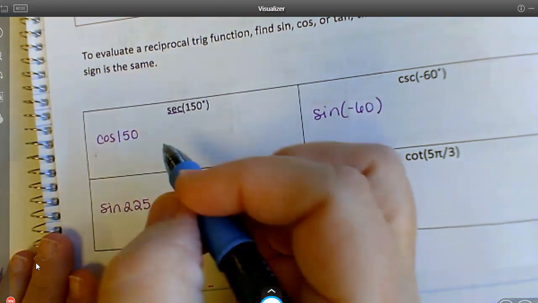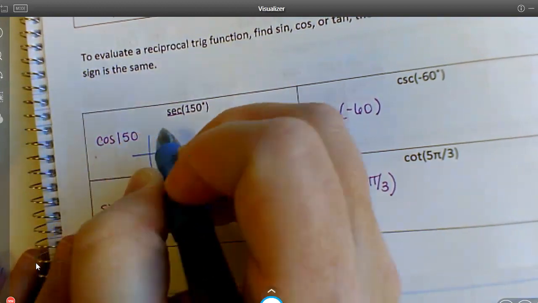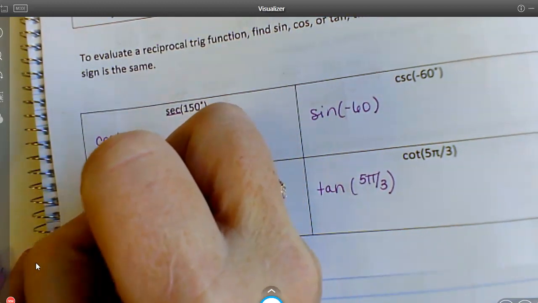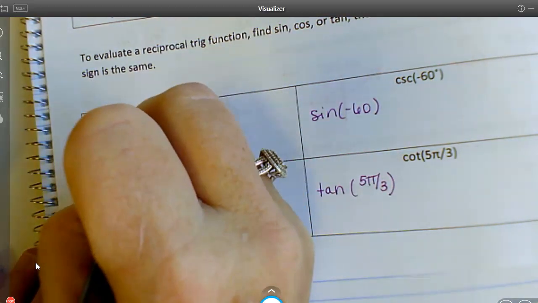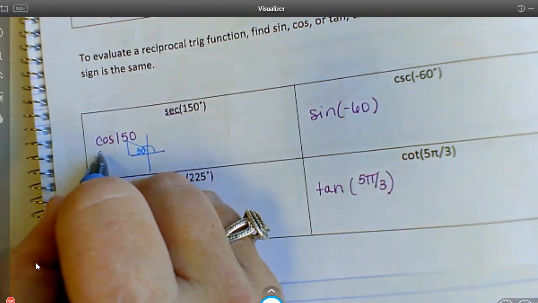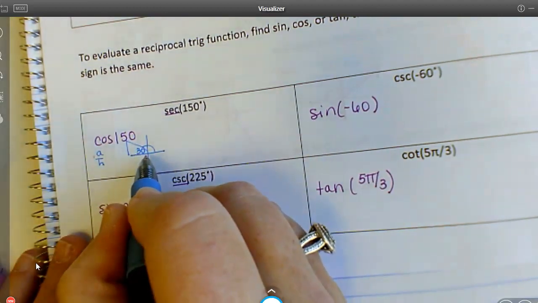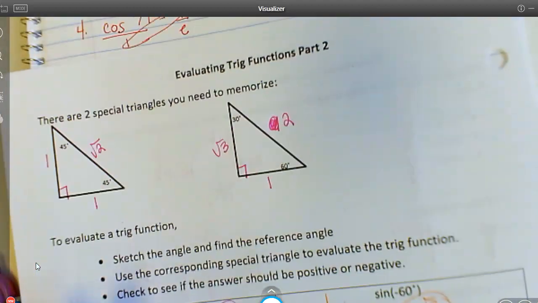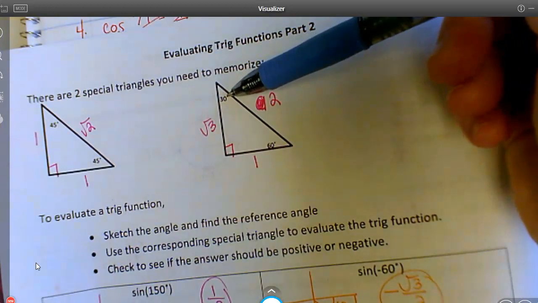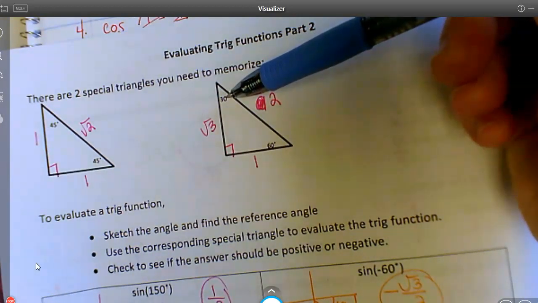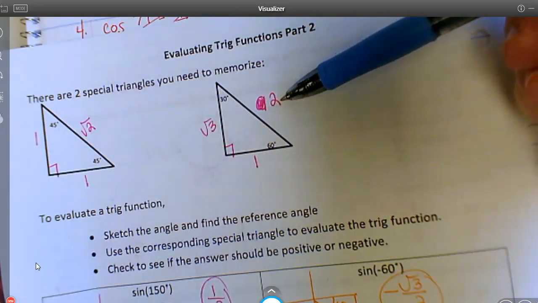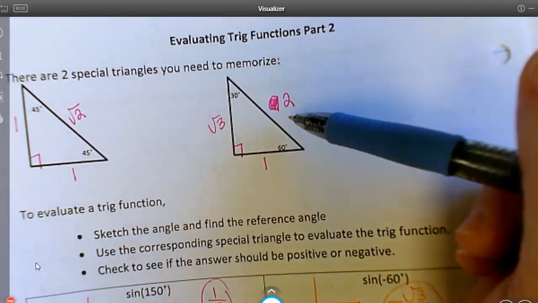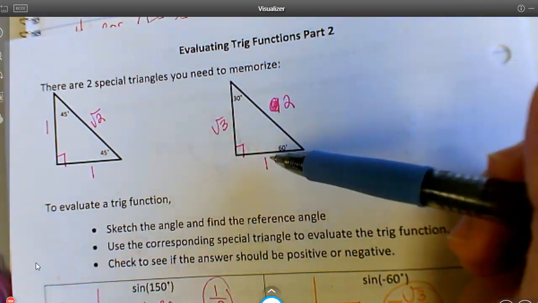Alright, if I want to do cosine of 150, first of all, I'm going to come down here and draw it. What's that reference angle if that's 150? 30. So that means that, okay, cosine is A over H. So I'm going to look at my 30 degree triangle and A over H. So here's 30. So A over H is square root of 3 over 2. Okay. It doesn't matter that our triangle doesn't look exactly like that. We still just use the numbers from this triangle.